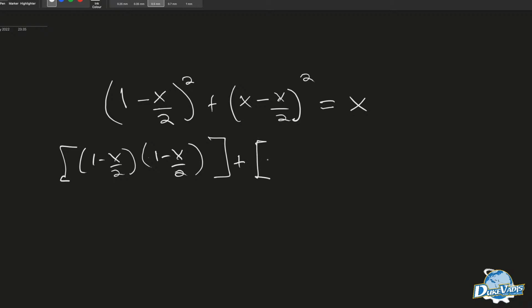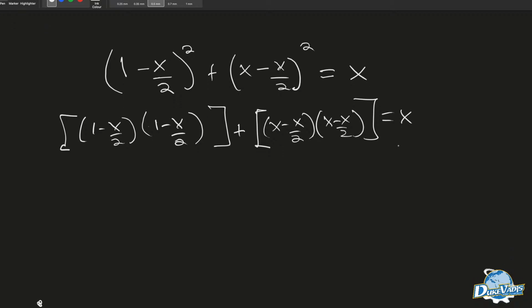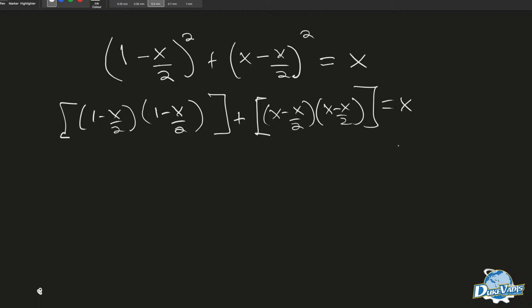Then you come here again, (x - x/2)(x - x/2) = x. So friend, what do you do again? Yeah, this is how it is. So you take your time and break it down again.